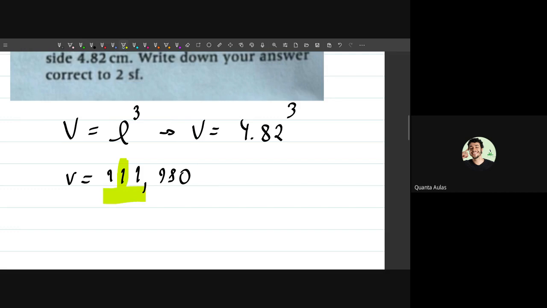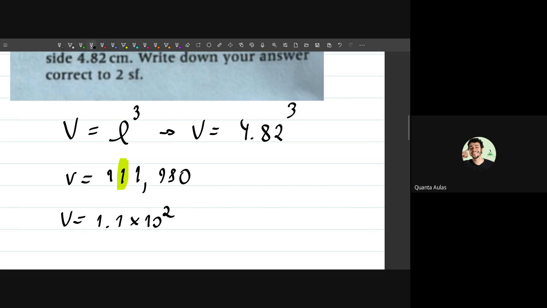It's a hundred. Only with the scientific notation. You can do 1.1 times 10 to the power of 2. Easy.